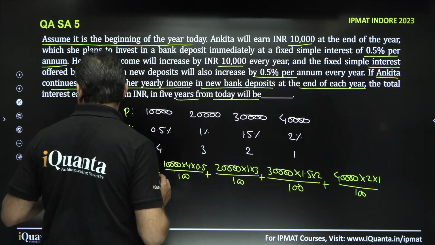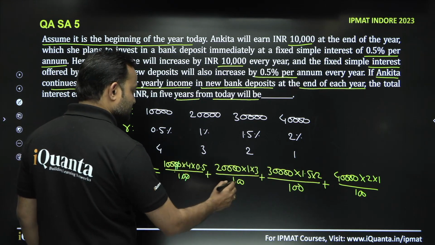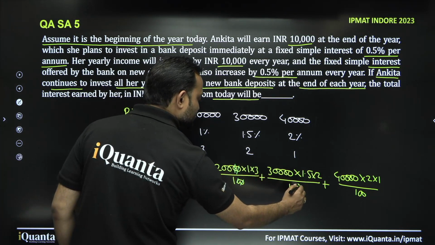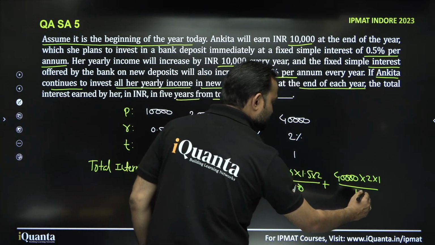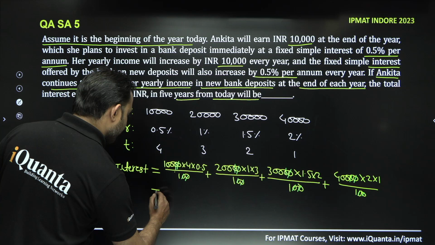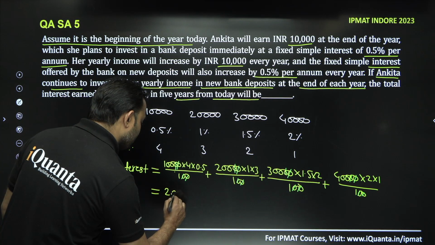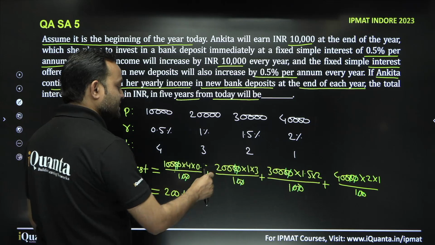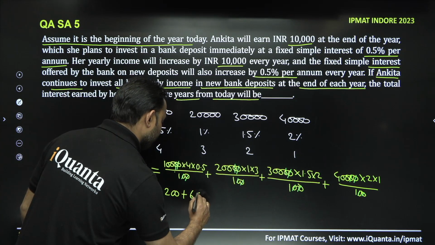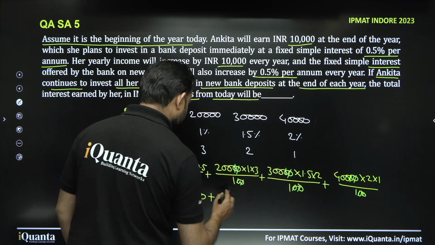So, this will be equal to 100 cancelled out. This is again cancelled out. यहाँ भी cancel out हो गया, यहाँ भी cancel out हो गया. So, ये value आ कितनी रही है? 4 into 0.5 2, तो ये हो गया 200 प्लस ये वैल्यू कितनी हो गई 600 प्लस दिस वैल्यू इज 300 into 3 900.